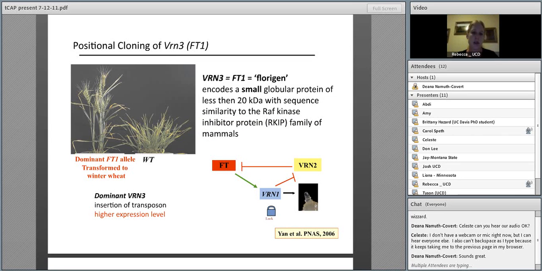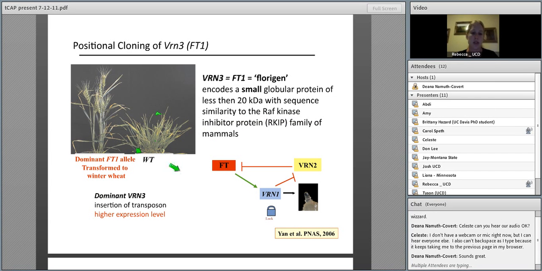And then with VRN3, otherwise known as FT, which is described as the florigen in Arabidopsis, when we see a dominant allele of FT, we see this early flowering phenotype, as you can see here. The wild type is much more delayed.